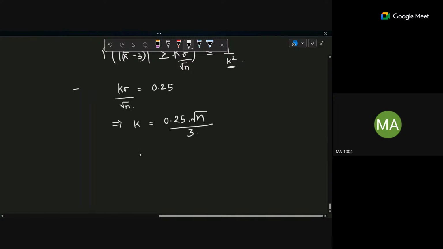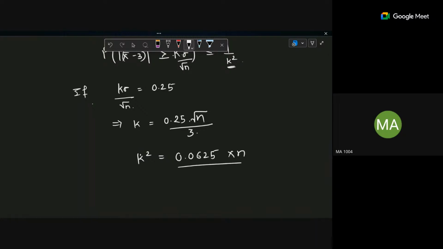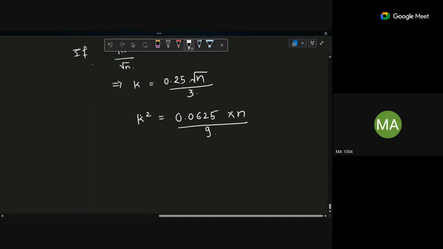If k sigma by square root n is 0.25, then k square will be 0.0625, the square of 0.25, multiplied by n divided by 3 square, that is 9. What will we get once we solve it? n by 144, right?